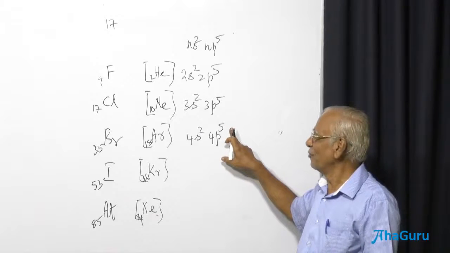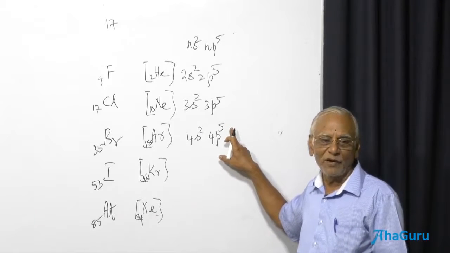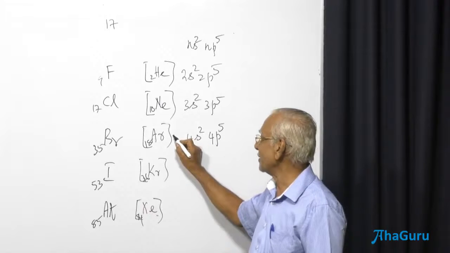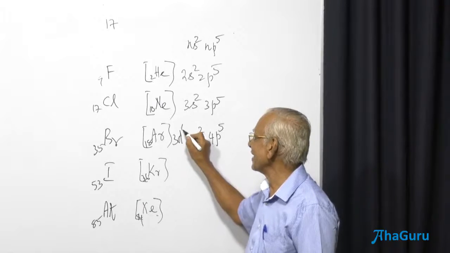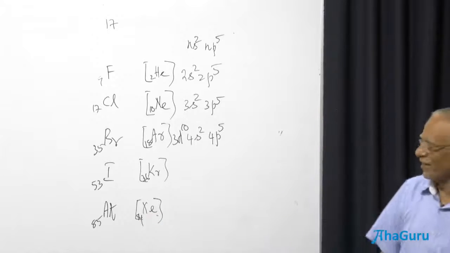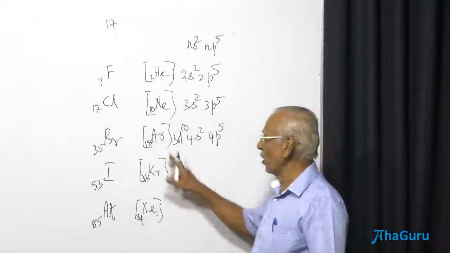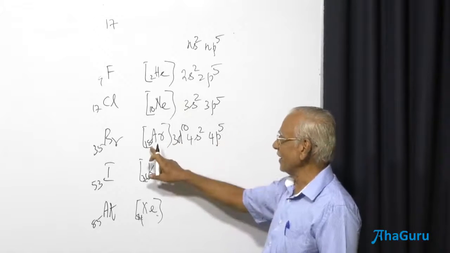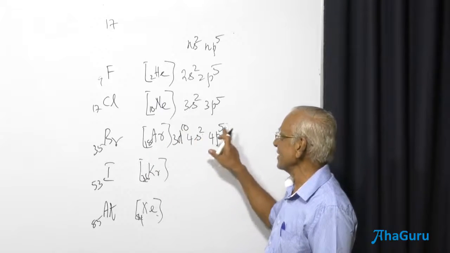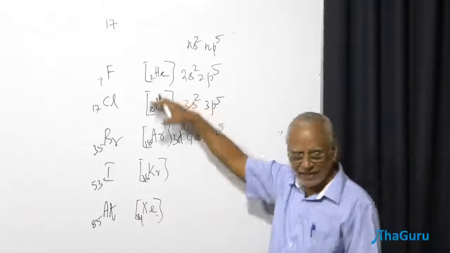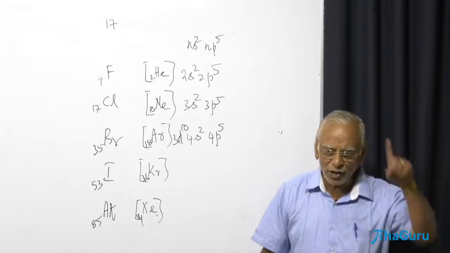But bromine has 35, so we have to account for 10 more electrons, isn't it? Therefore, those 10 electrons must enter the 3d orbital. Therefore, the condensed electronic configuration of bromine is argon nucleus 3d10, 4s2, 4p5: 18 plus 10, 28, 30, 35. That is why I asked you to write the rare gases with the atomic numbers.